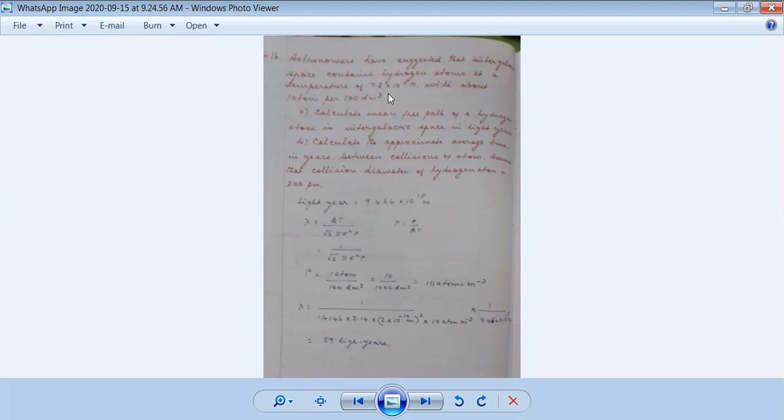Light year means the distance traveled by light in 1 year. Light travels a distance of 3 lakh kilometer per second, which is 2.8 into 10 power 8 meter per second.